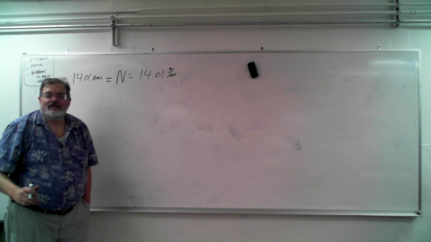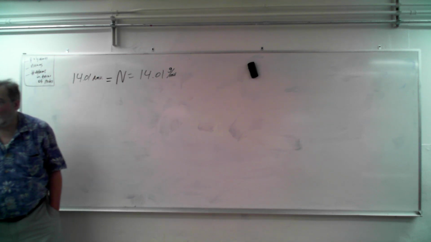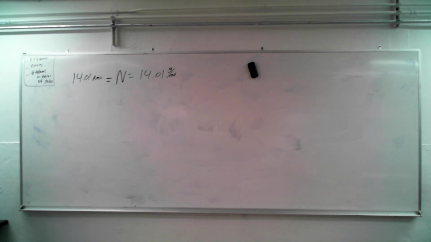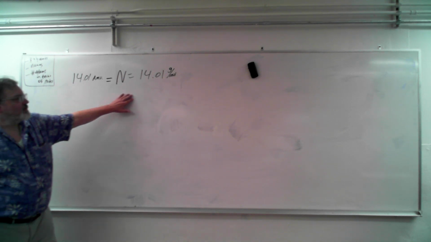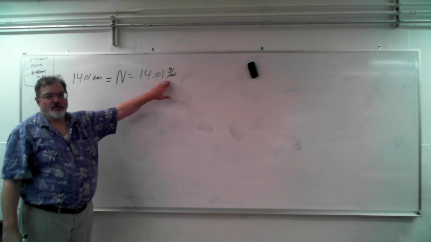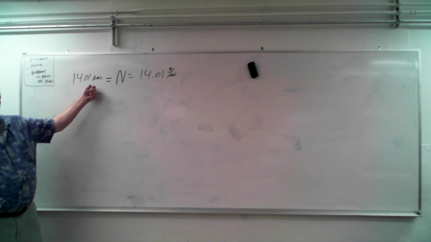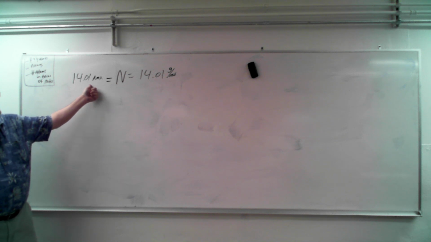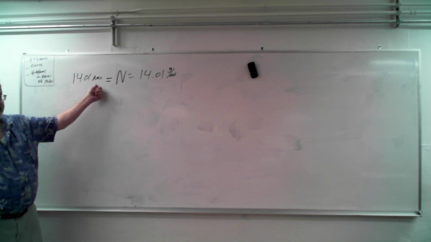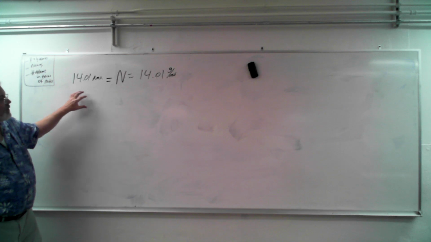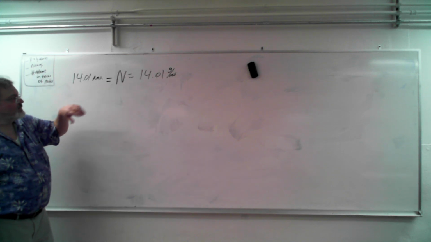I'll come back to the atomic mass unit as related to isotopes. That's when you use the relative abundance. But don't think about this right now. I want you to think this way. 14.01 grams per mole. That's what this means. It does also mean this. So I like to point out that the numerical value is equivalent. There's a conversion factor that gets you from one to the other, but I'll skip that.